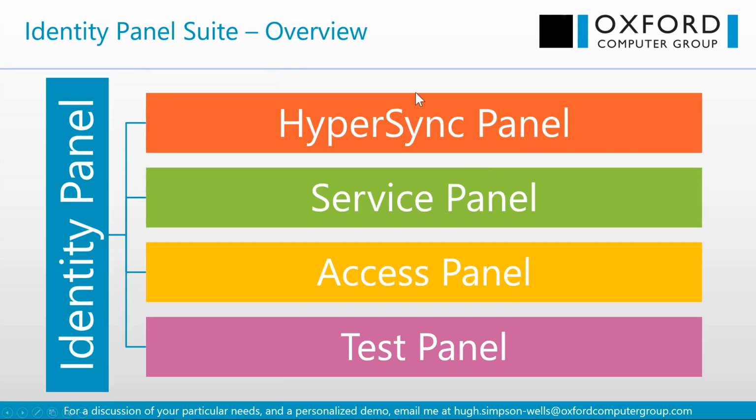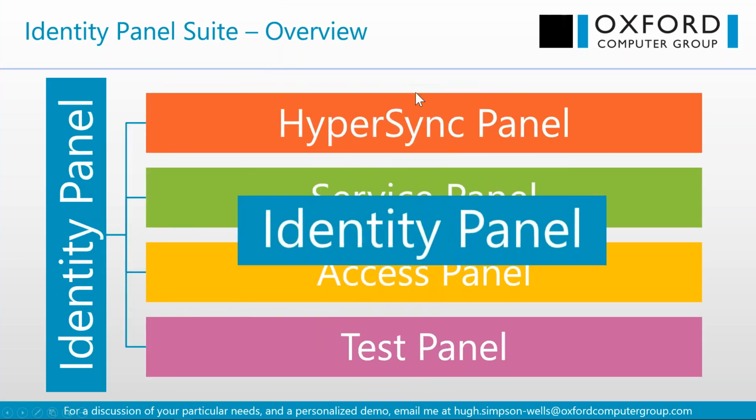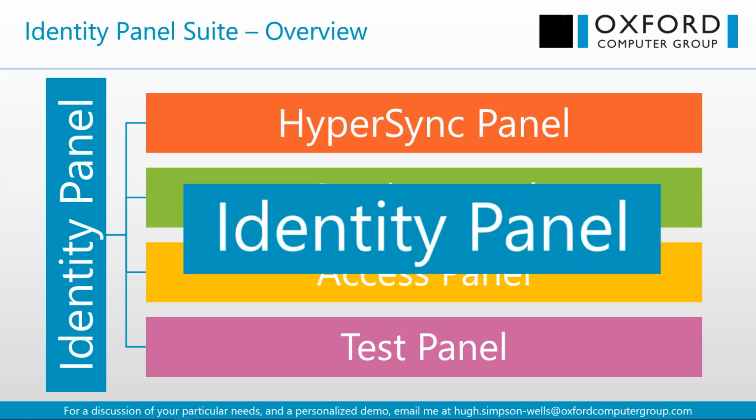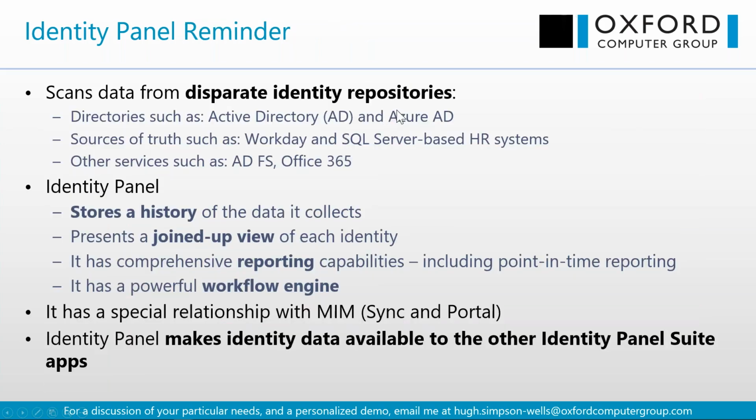In the first one, we talked about Identity Panel. Identity Panel is the application that underpins all the other applications in the suite. What it does is scan data from disparate identity repositories, things like Active Directory and Azure Active Directory, your sources of truth, HR systems, contractor registration systems, indeed all sorts of services that you might connect to.